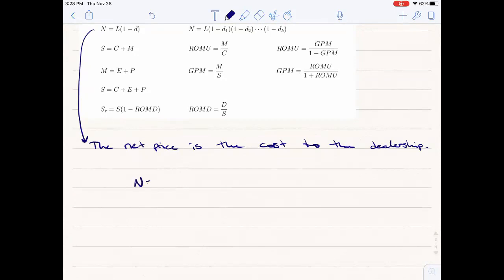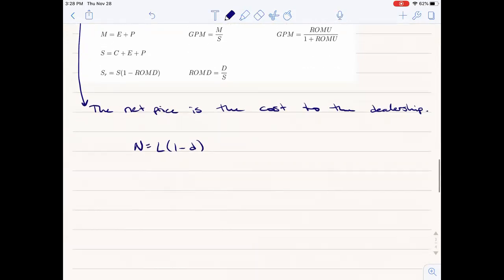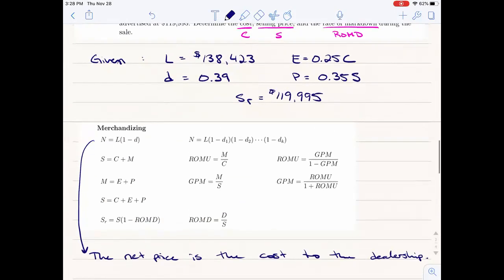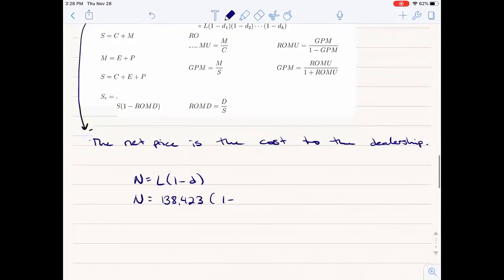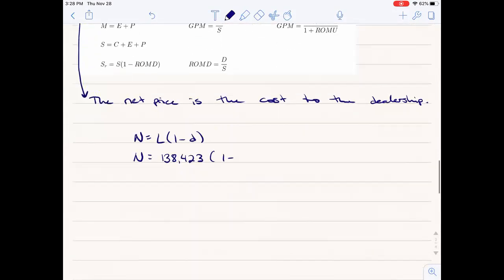So we know that N is L times 1 minus D, and we know L and we know D, we can solve for N. So we've got N is the 138,423 times 1 minus 0.39.